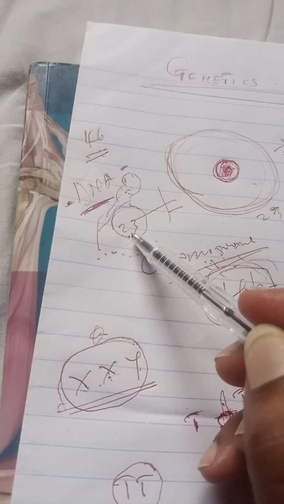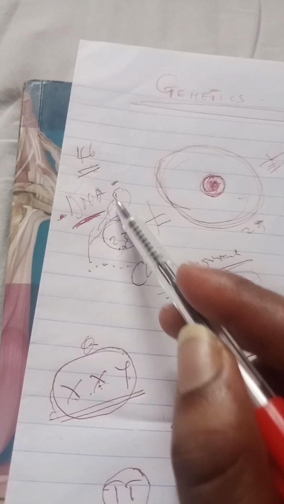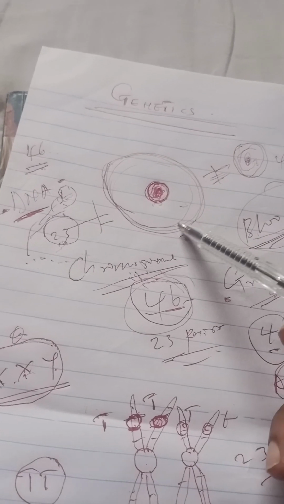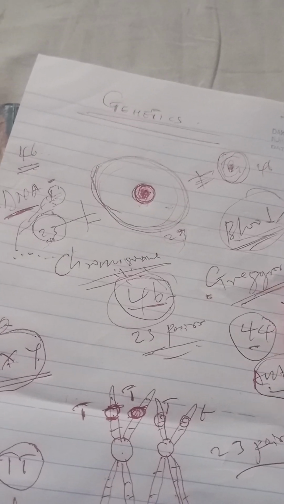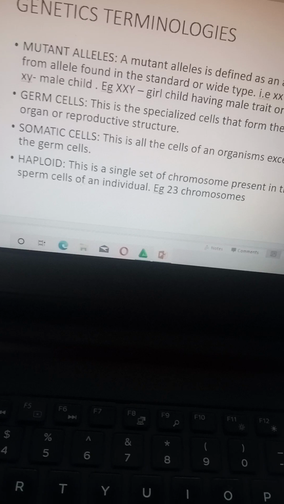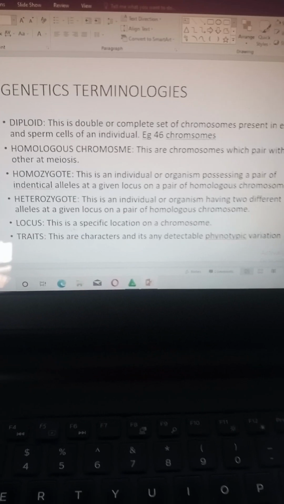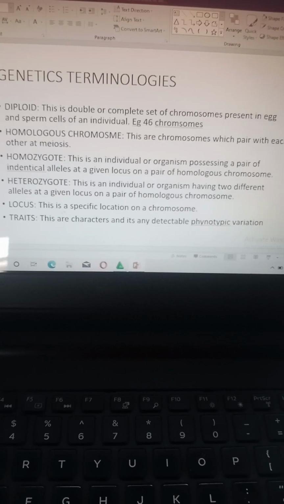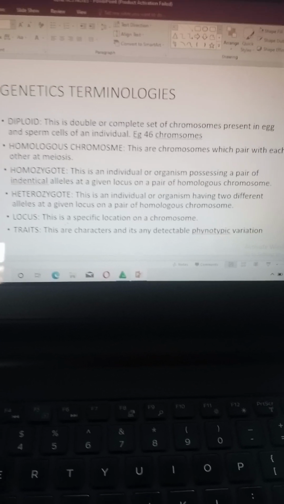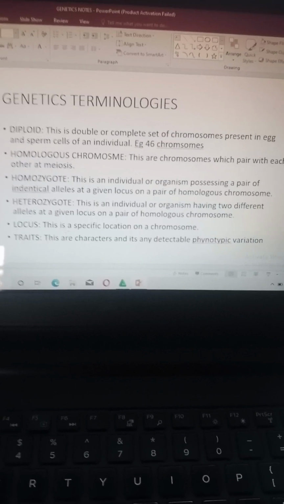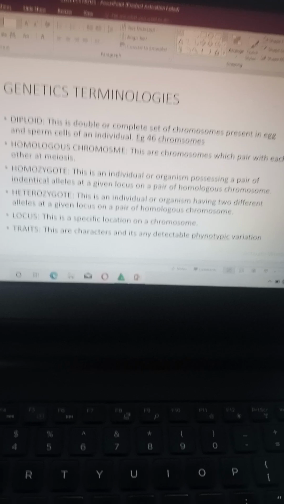So this 23 is the haploid set of the diploid 46 found in the sperm cell. The same way, the egg cell having 46 is reduced to 23, also a haploid of the diploid cell. Then the diploid is the double or complete set of chromosomes, and every diploid number in a complete individual is 46 chromosomes.